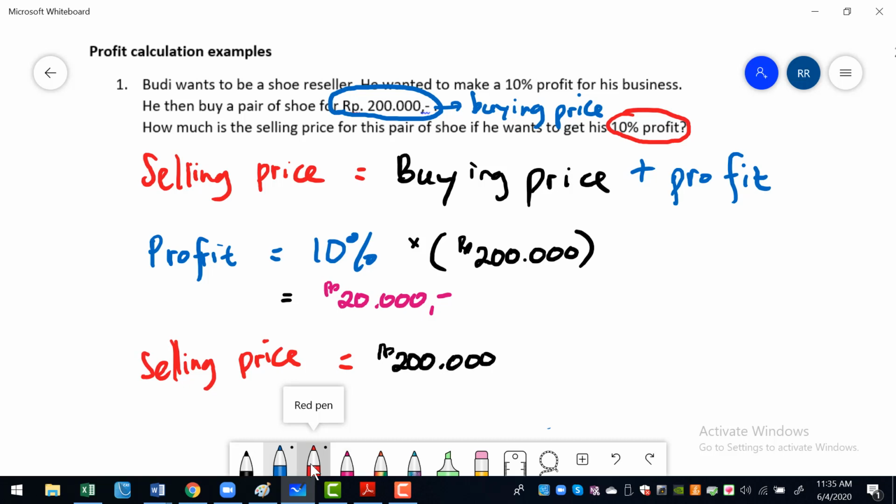And then we add that with the profit. The profit is 20,000 rupiah. So that leaves us with the selling price of 220,000 rupiah.